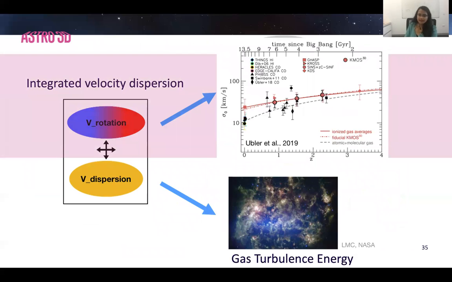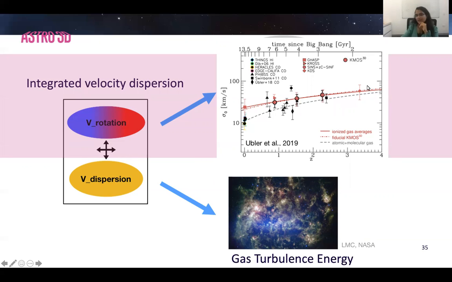In terms of gas turbulent motion, or intrinsic velocity dispersion, we know from KMOS 3D surveys, for example, that intrinsic velocity dispersion rises monotonically as we go from redshift 0 to high redshift, like redshift of 2 or 3. So maybe the intrinsic velocity dispersion does not change that much between redshift 2 and 3.